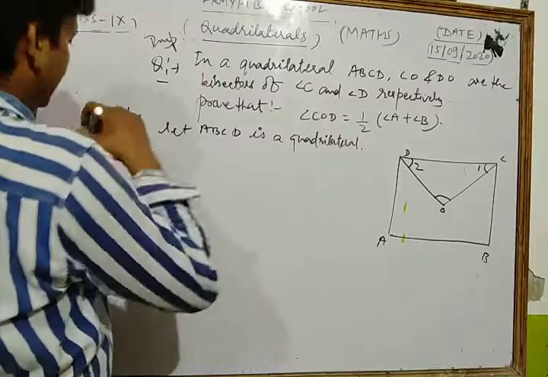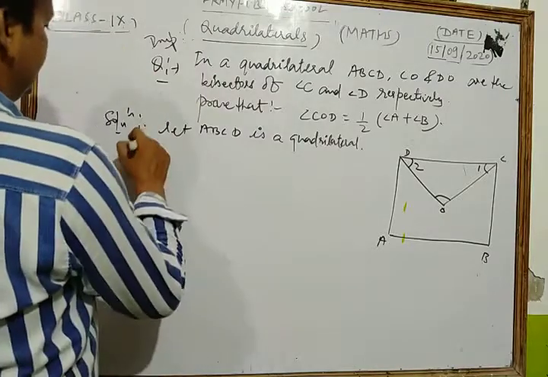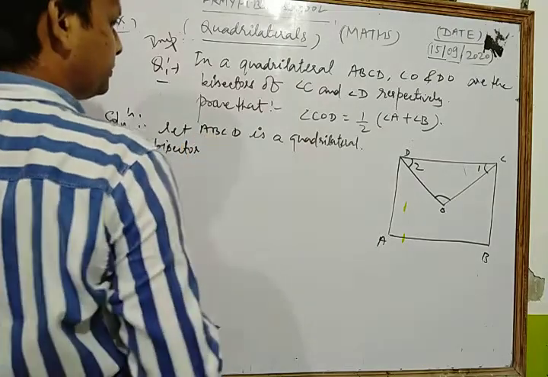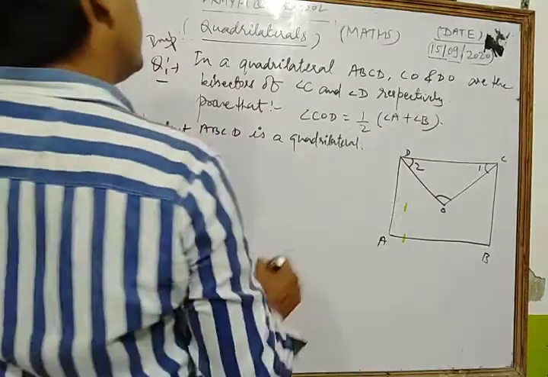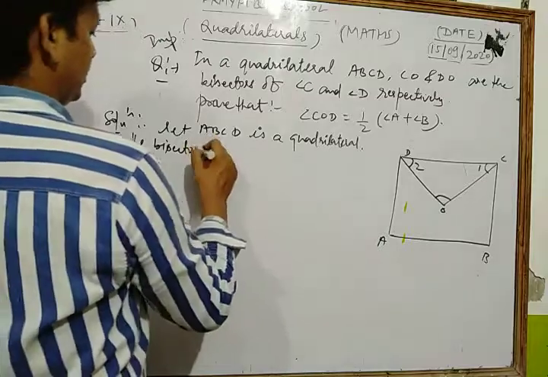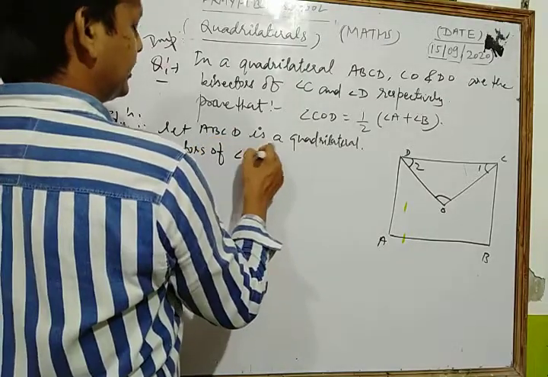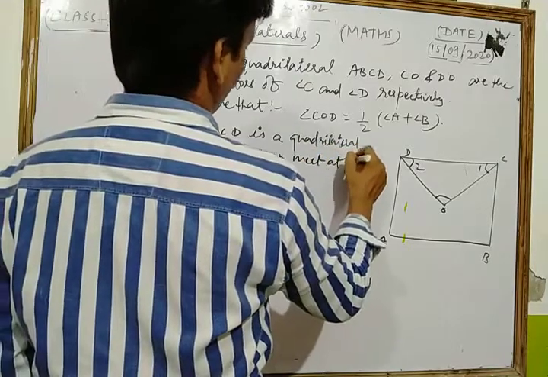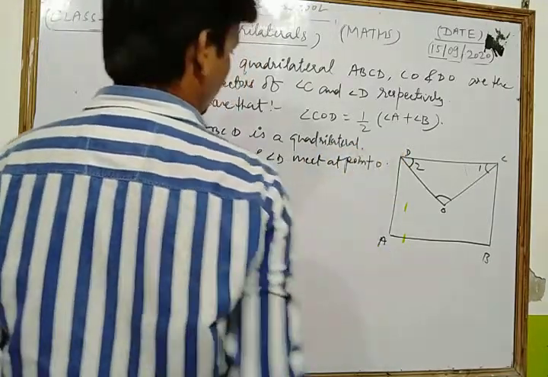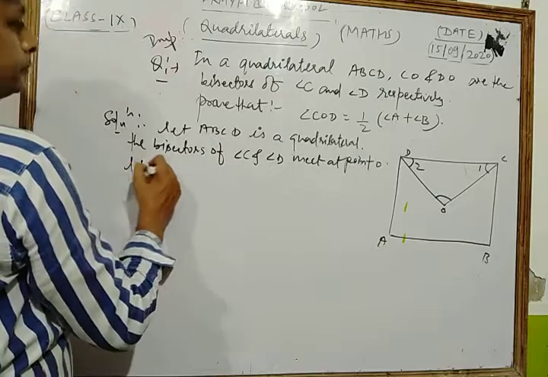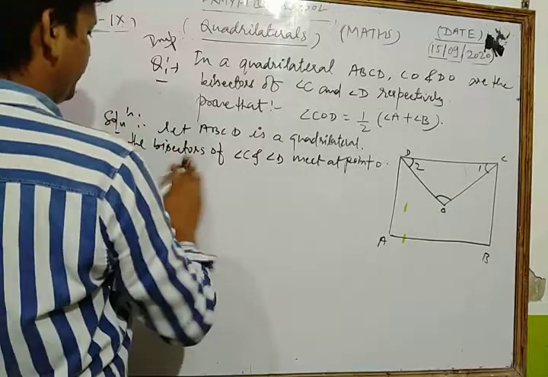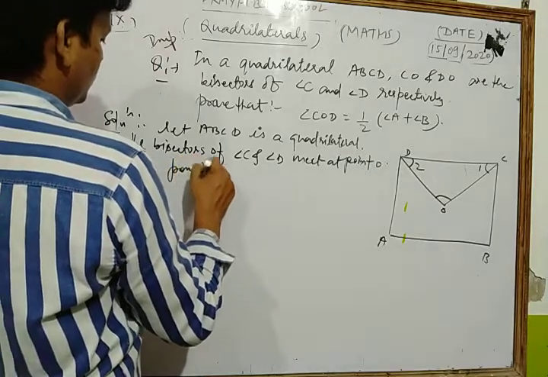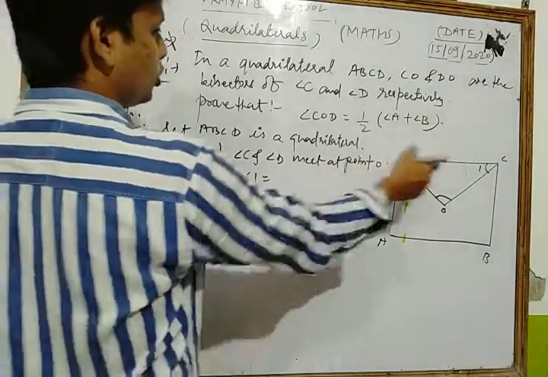Let's see. Here the bisectors of angle C and angle D meet at point O. Okay, then from the figure, angle 1 is equal to what?